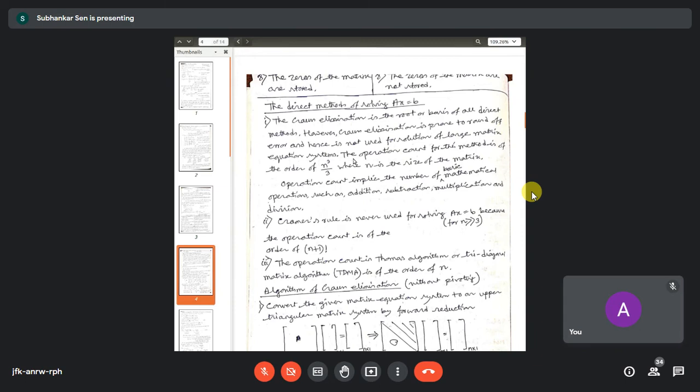Round off error will be contaminating the Gauss elimination results, because in Gauss elimination the operation count is of the order of n cubed by 3. This is a big number. Here n is the size of the square matrix, so when your matrix size becomes larger, n cubed becomes a very big number.